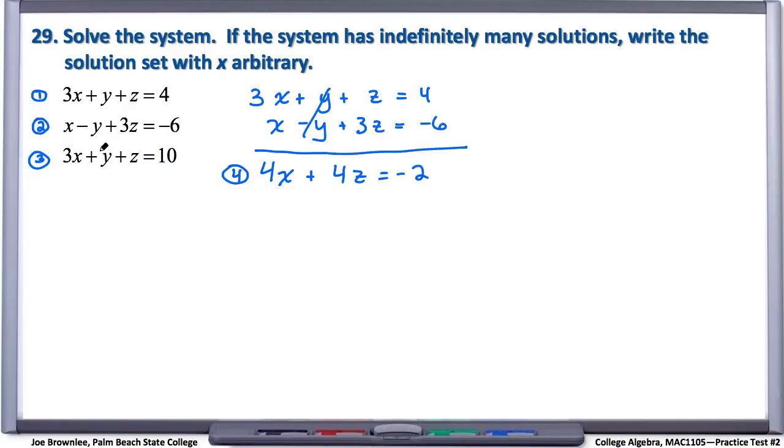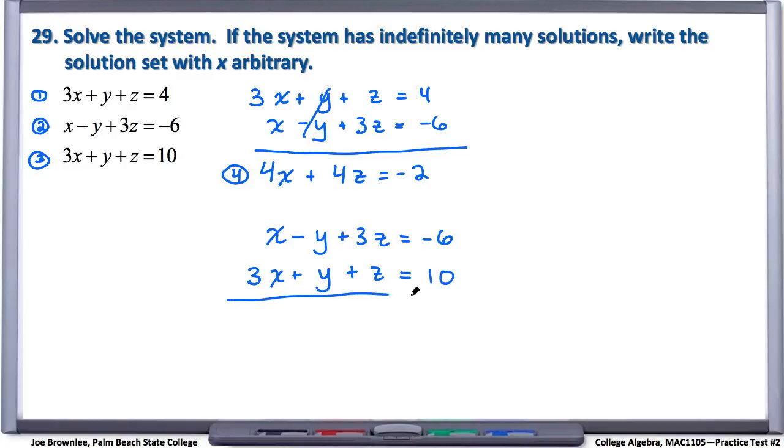All right, and we'll come back to equation 4 in just a second. And now I want to eliminate the y variable again. Because equation 2 and equation 3 are perfectly set up to eliminate y, let's use equation 2 and equation 3. So x - y + 3z = -6. And now we're going to use, for the first time, equation 3: 3x + y + z = 10. Let's add: x plus 3x gives us 4x.